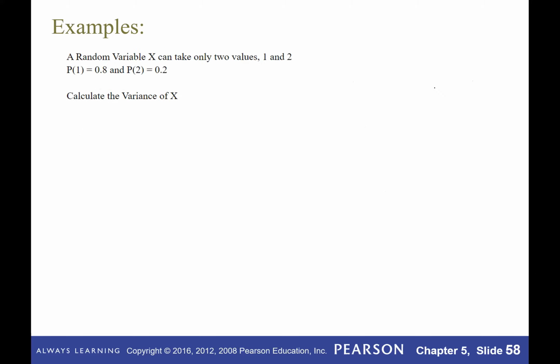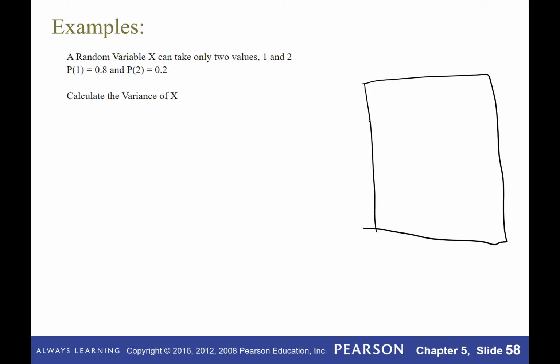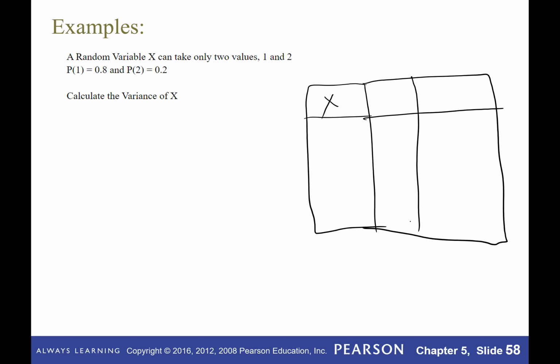Okay, so now we'll calculate the variance for the same example. If you want to calculate the variance, first you need the expected value. So this is our x, this is our p of x: 1, 2, 0.8, 0.2.